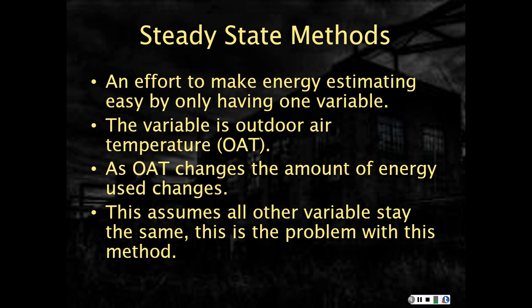Again, the variable we're going to deal with is the outdoor air temperature. As the outdoor air temperature changes, the amount of energy that's used changes, typically in heating and cooling. Now, a big assumption is that all other variables stay the same. This is the key problem with steady state methods.